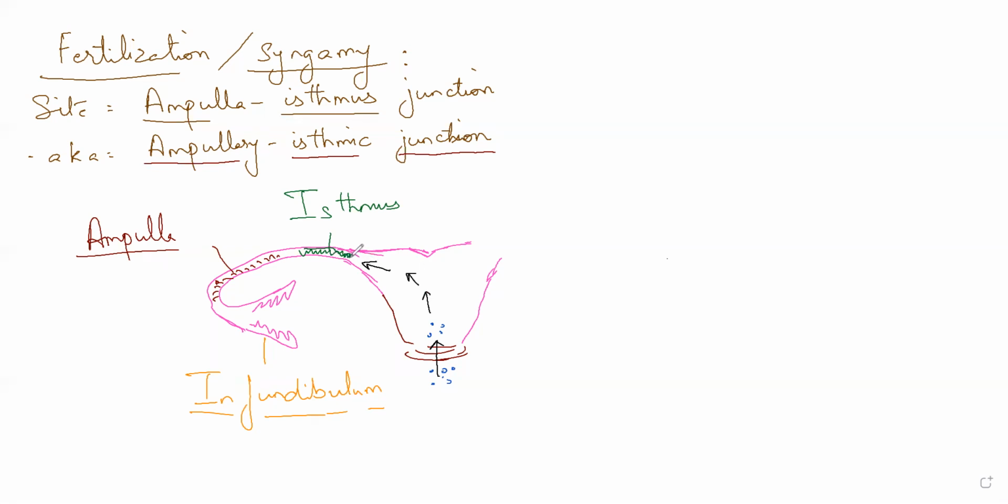Then they would travel across the isthmus and reach this junction, where the egg, or the ovum, is present. Here is the egg, the female gamete, and the sperms.